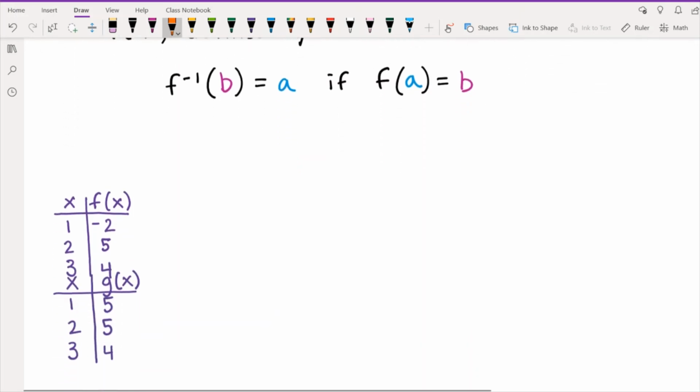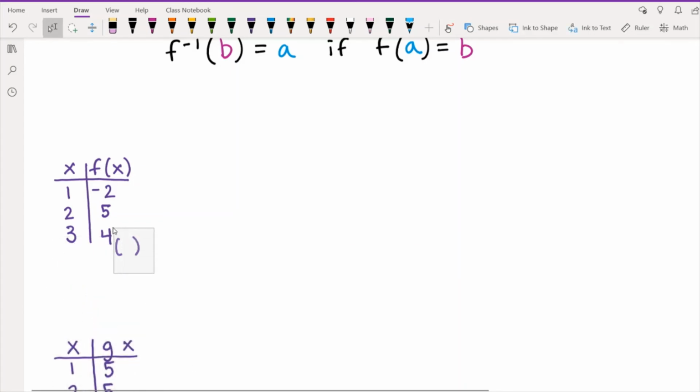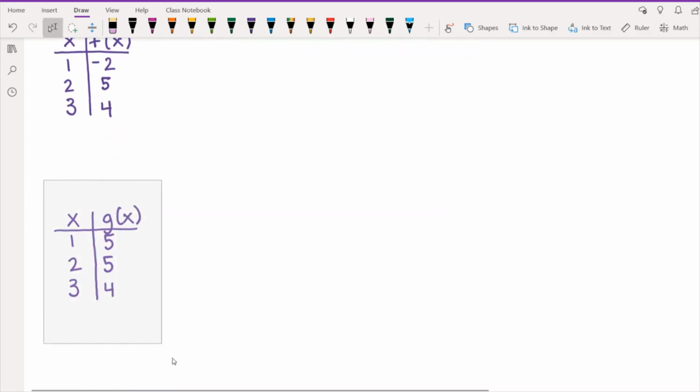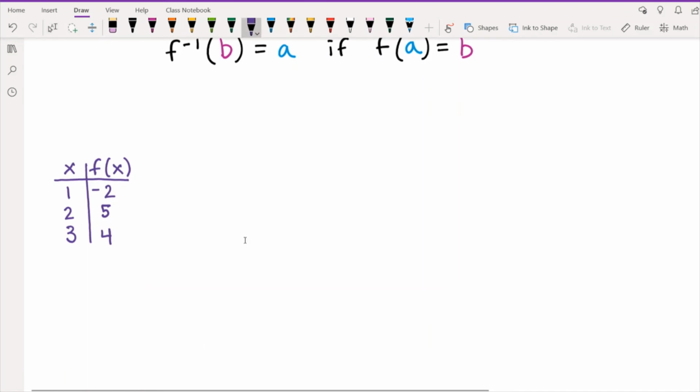So let's look at an example. This is actually the same example that we looked at the beginning of this video. Remember we had three different tables, and this was the one that ended up being both a function and specifically a one-to-one function. So here's our function f of x.